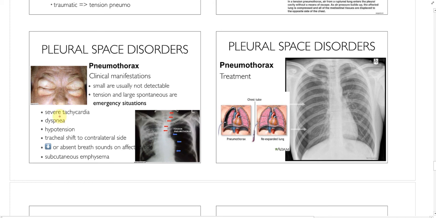You can also develop severe tachycardia because, of course, you're, one, fight or flight, and two, you're going to be trying to make up for the lack of oxygenation that's occurring from missing out on potentially up to one lung. You may have dyspnea, of course, hypotension from a lack of cardiac output, tracheal shift, decreased or absent breath sounds on the affected side, and then subcutaneous emphysema, which is this stuff right here.